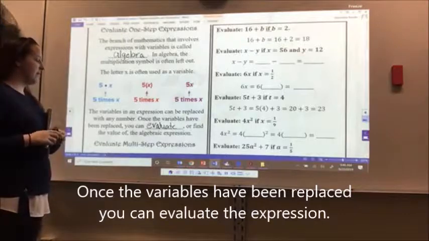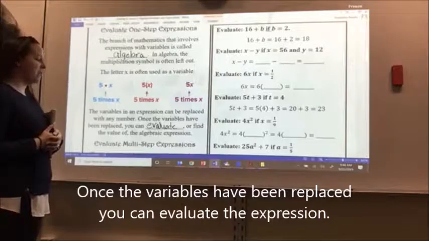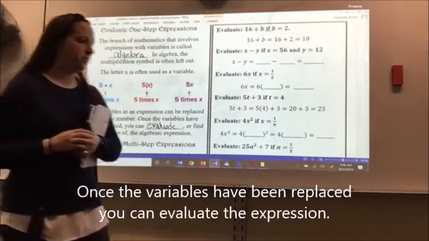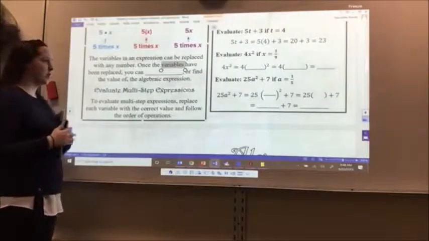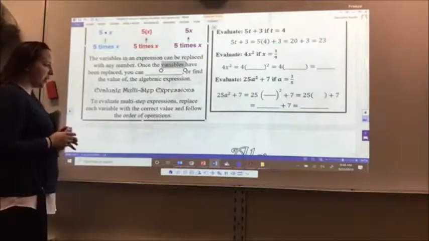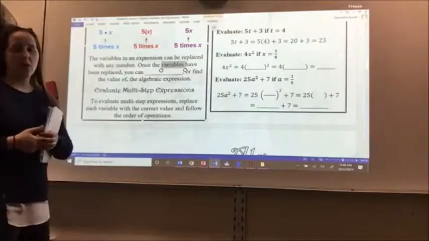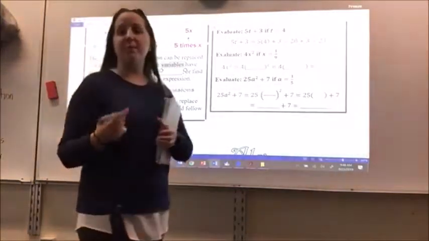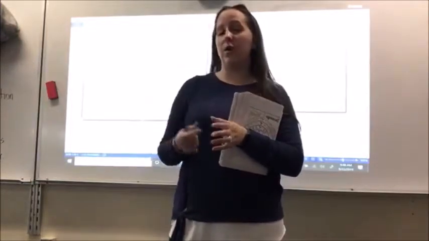Once the variables have been replaced, you can evaluate, or find the value of the algebraic expression. To evaluate multi-step equations, replace each variable with the correct value and then follow the order of operations. Remember, your order of operations is please excuse my dear Aunt Sally, or PEMDAS. Either one you can use.